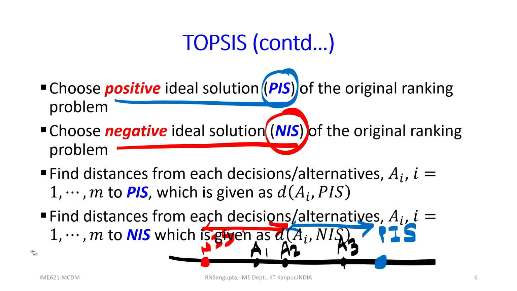Similarly, when I erase them, this is for A3, I should use a bold one. This is for A3 distance from PIS and this is for NIS. So, obviously, these are the distance functions based on which we will try to find out the alternatives.